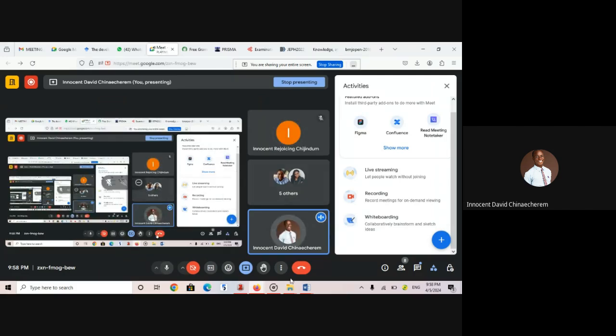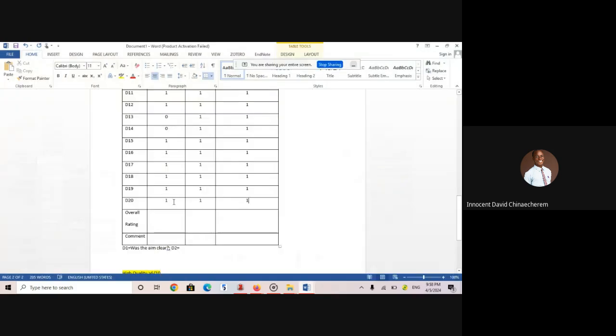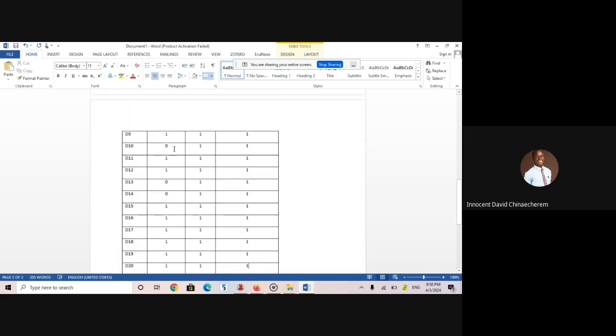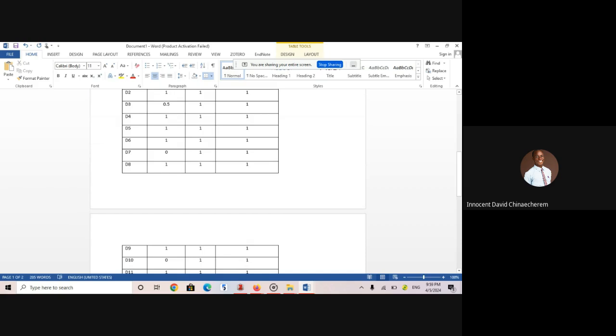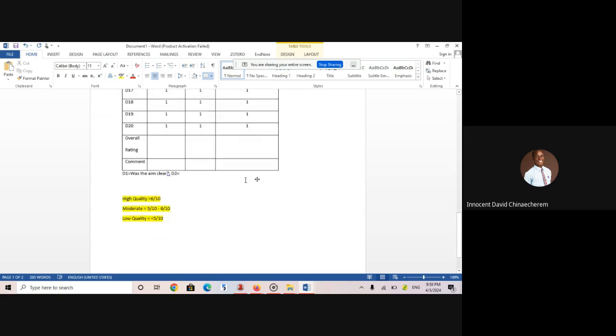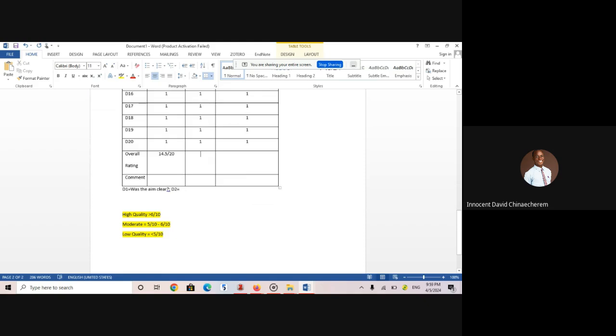Yeah, so that seems very clear. So we can now rate the scores: 1, 2, 3, 4, 5, 6, 7, 8, 9, 10, 11, 12, 13, 14. So we can rate this as what? 14.5 over 20. Then we can rate this as how many zeros? There is no zero. 20 over 20.